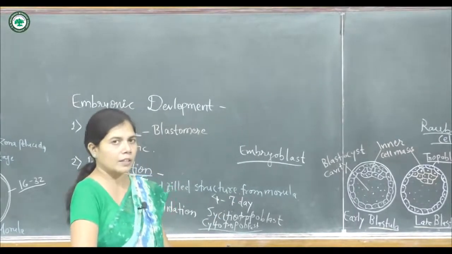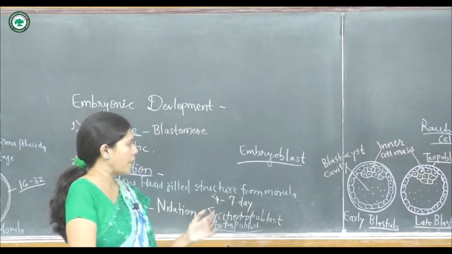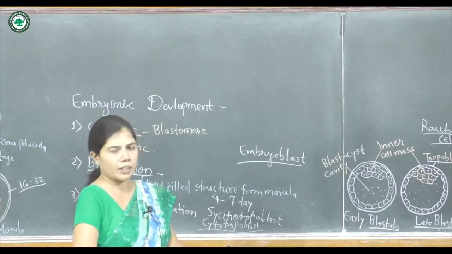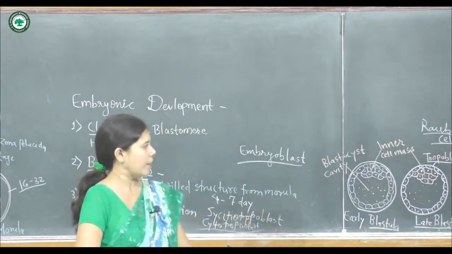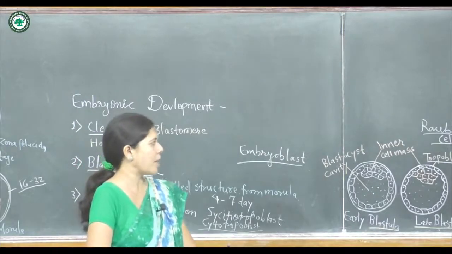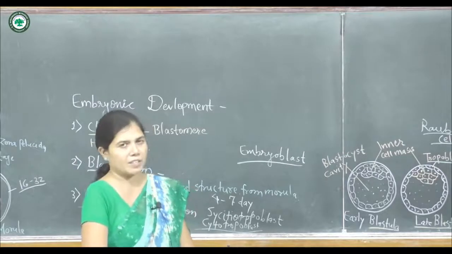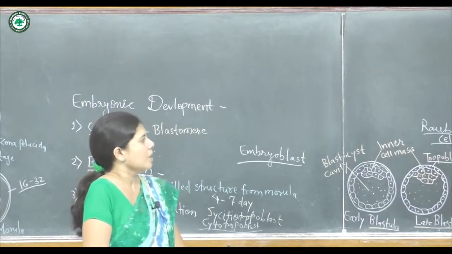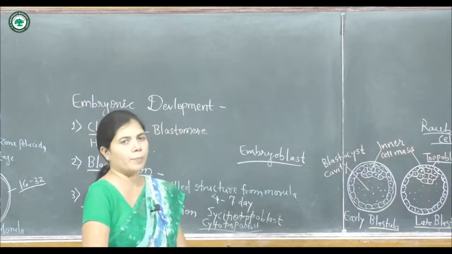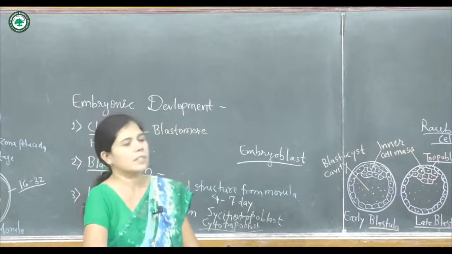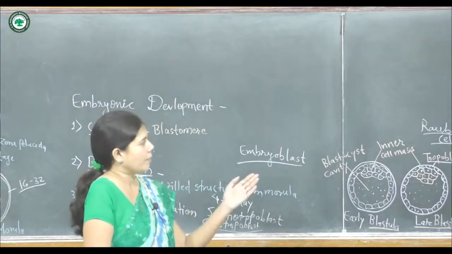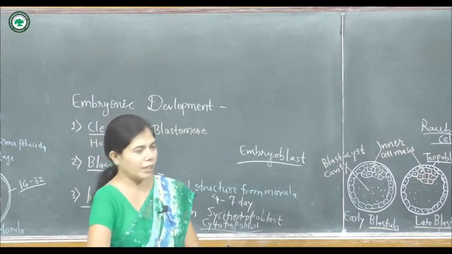The formation of blastula occurs from the 4th to the 7th day, and after the 7th day the late blastocyst, formed of 2 types of cells, is ready for implantation. At implantation the blastocyst is attached to the endometrium wall at the fundus, and it forms the villi.